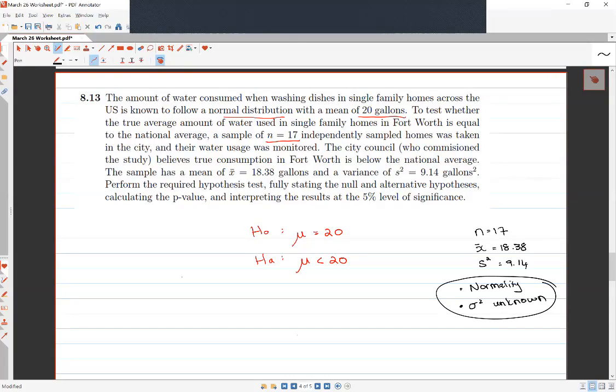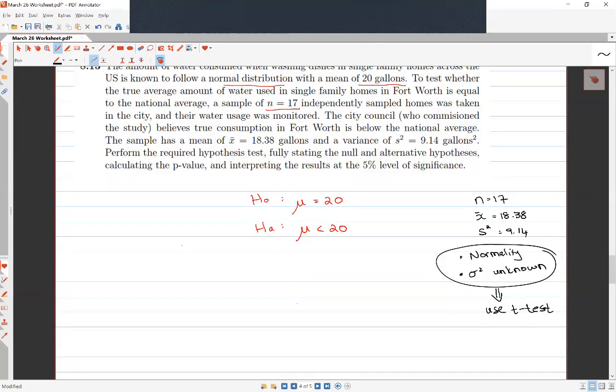These two facts, normality and unknown variance, mean we have to use a different test. We're no longer going to calculate a Z observed value. We're going to use a T test and calculate T observed. So remember, the moment you have normality but the population variance is unknown, you're switching over to a T test as opposed to a Z test.